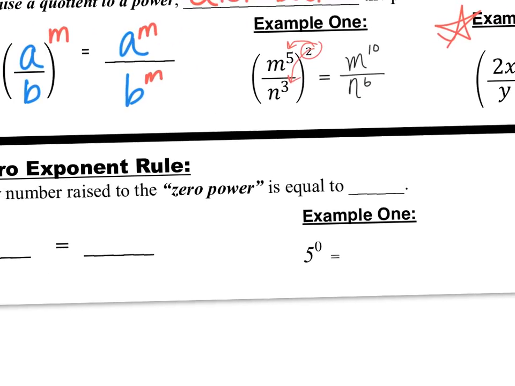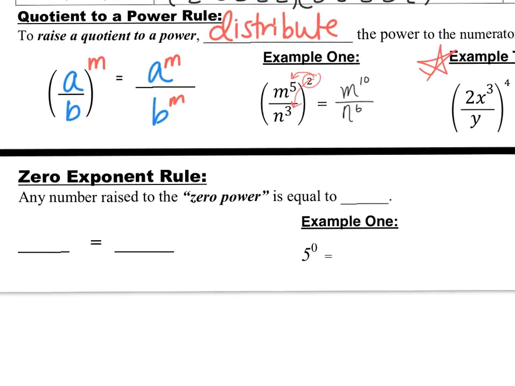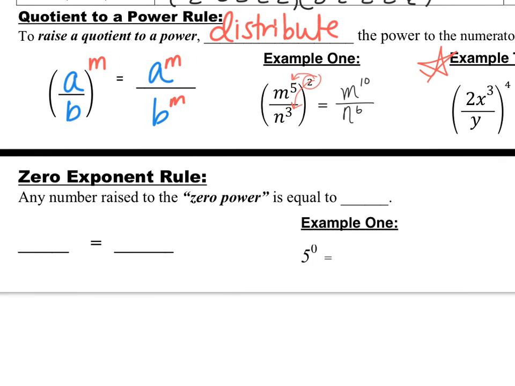Last thing we're going to talk about is something called a zero exponent rule. It's very simple and straightforward. Any number raised to the 0 power is equal to 1. So let's say I have a to the 0 power. A could be any base, and my exponent is 0.